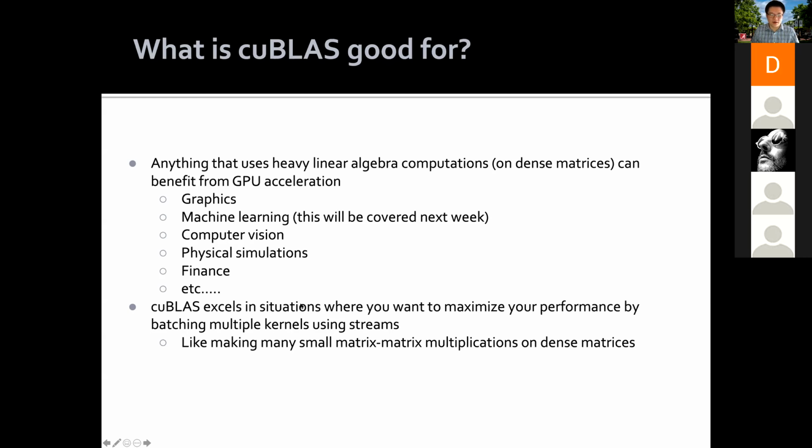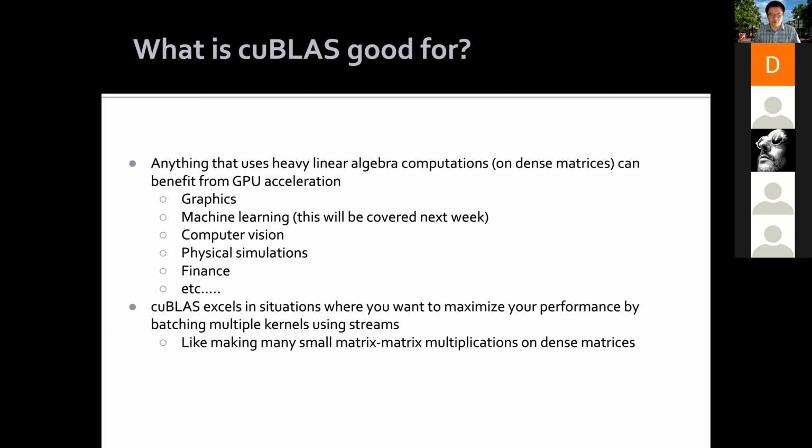cuBLAS excels in situations where you want to maximize performance by batching multiple kernels using streams. cuBLAS provides a lot of tricks there. They play with different numbers of threads and different block sizes. They try to wrap up many small matrix multiplications into a large batch.